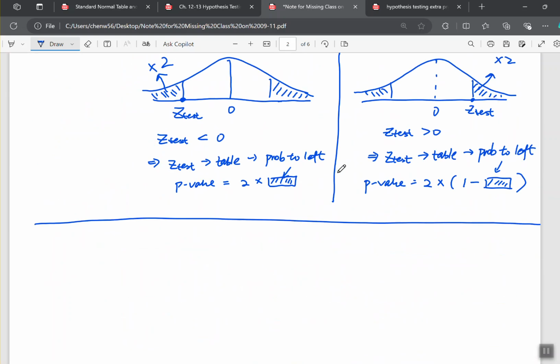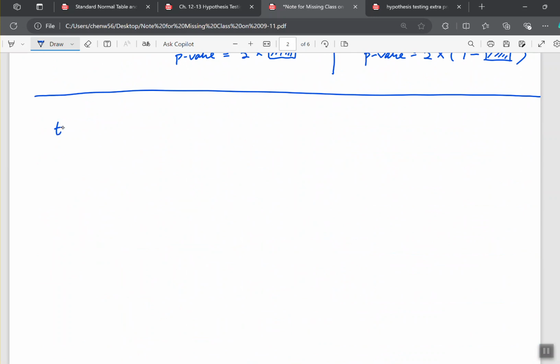So if you have a t-test statistic, how can you find the corresponding p-value? Let's look at the t table. We have the degree of freedom column, and at the top, actually, we call it alpha over 2 in the confidence interval part. But now we are not looking for a confidence interval, so the top here is actually our p-value range.